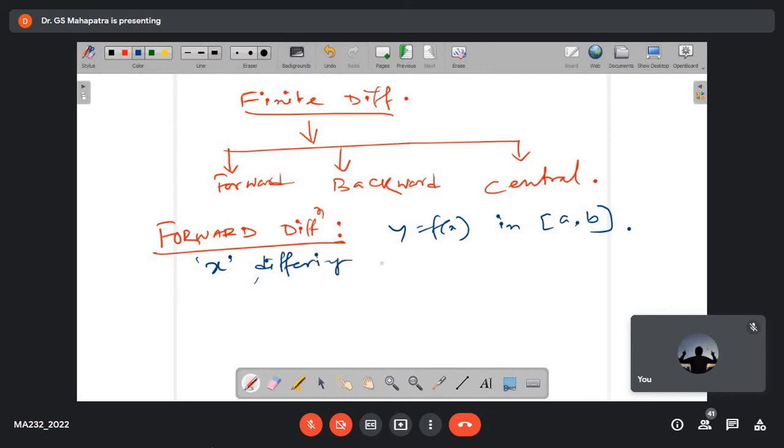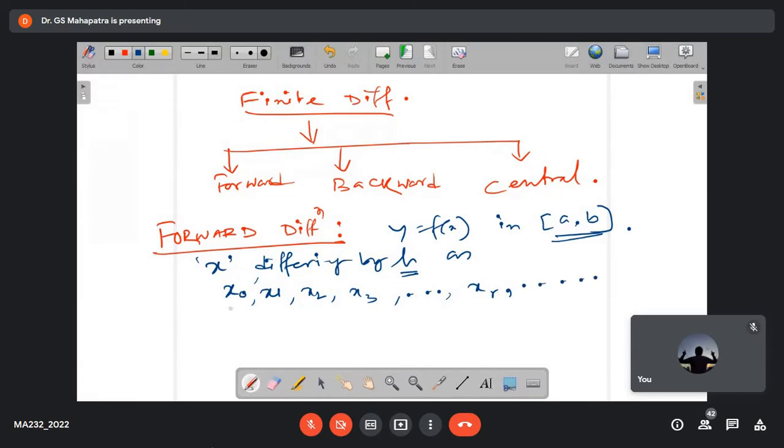Differing by h means the values of x, you are considering from here, for each two consecutive arguments the difference is h. So we can consider x0, x1, x2, x3, xr.